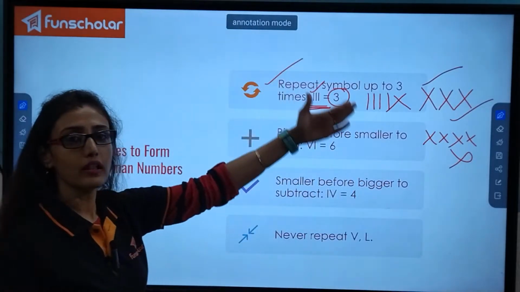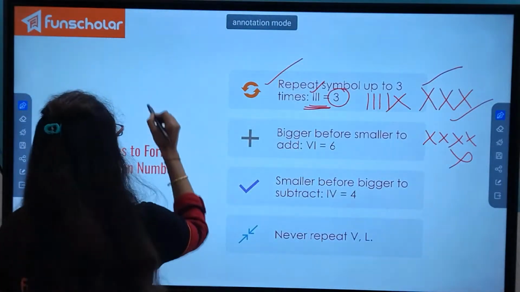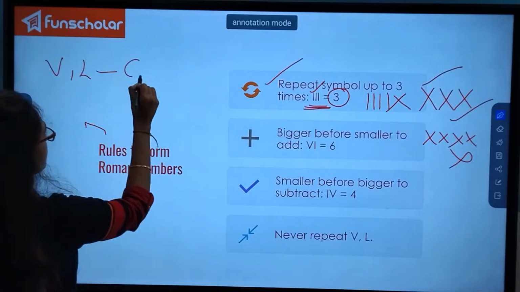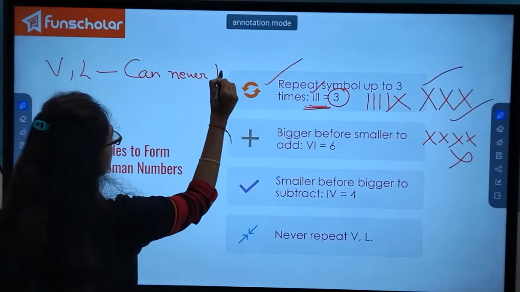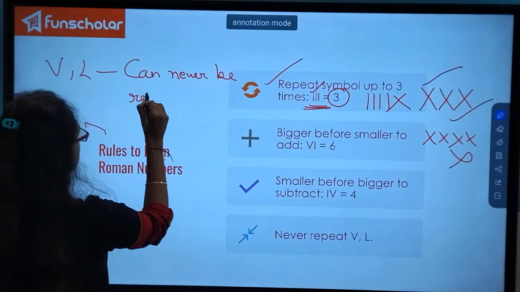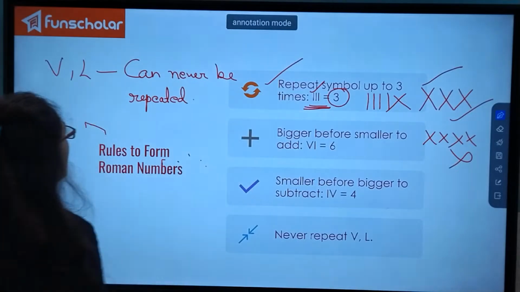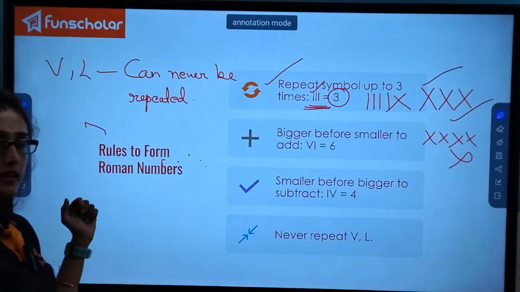So, can all the Roman numerals be repeated? No. V and L can never be repeated. V and L can never be repeated. Clear? Okay.